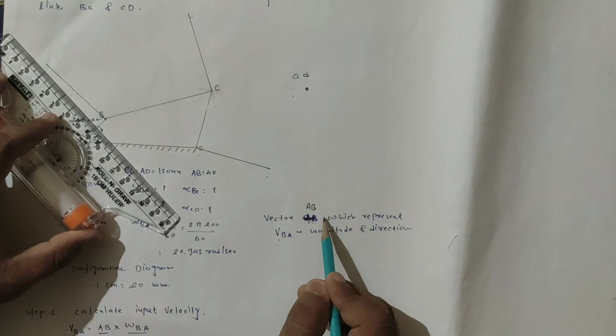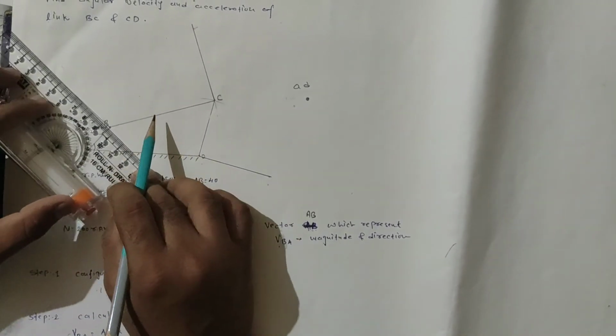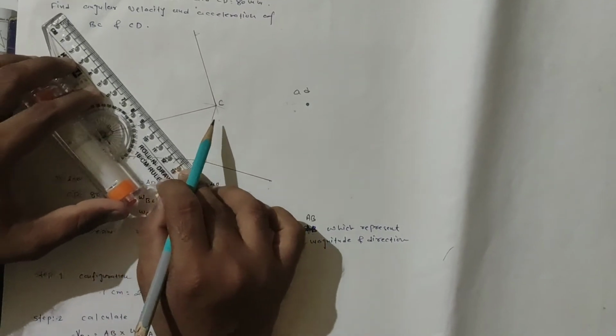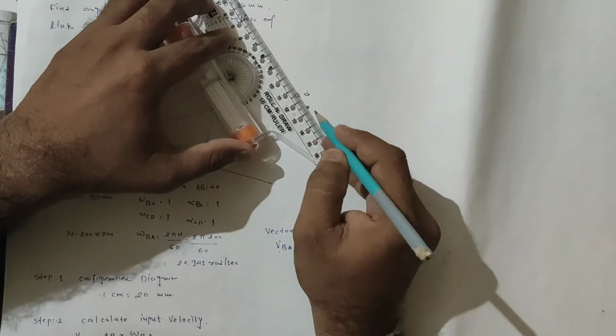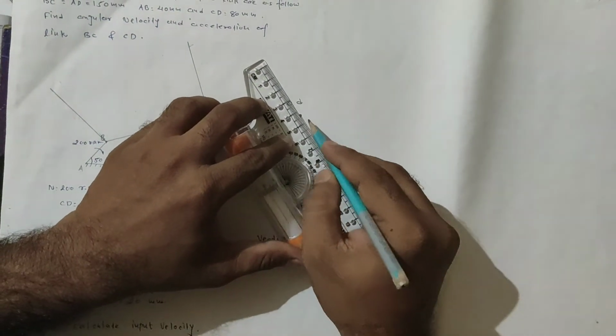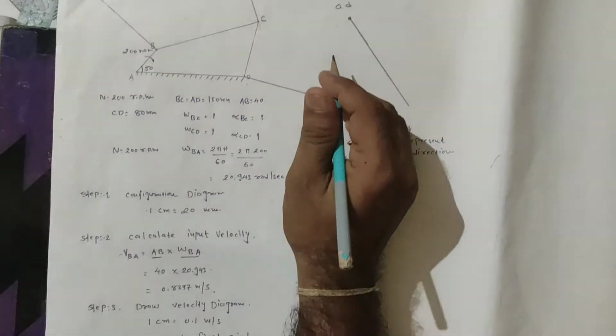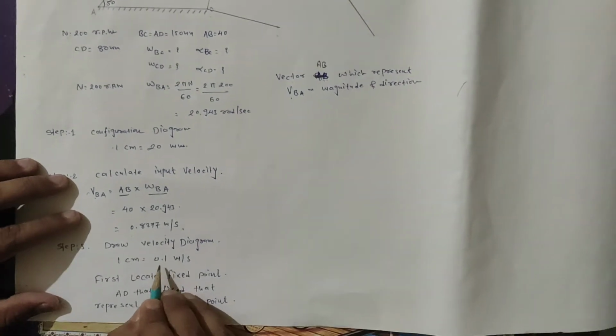For drawing vector AB, this is the link and this is the perpendicular line. So we have to move a parallel line from this point. We have to extend it some. Okay, as per the dimension given over here, 1 centimeter is equal to 0.1 meter per second. The velocity we have is 0.83.